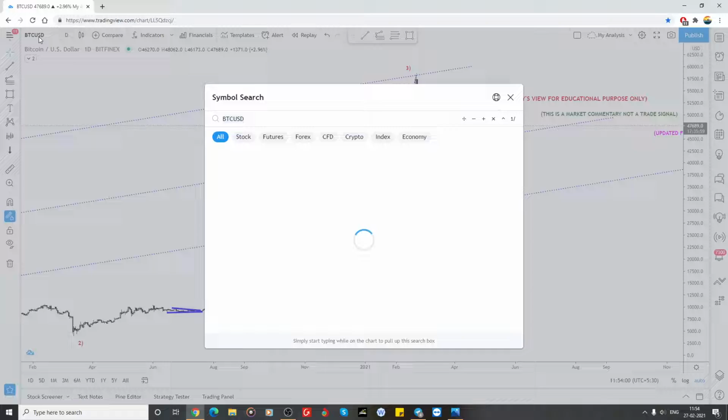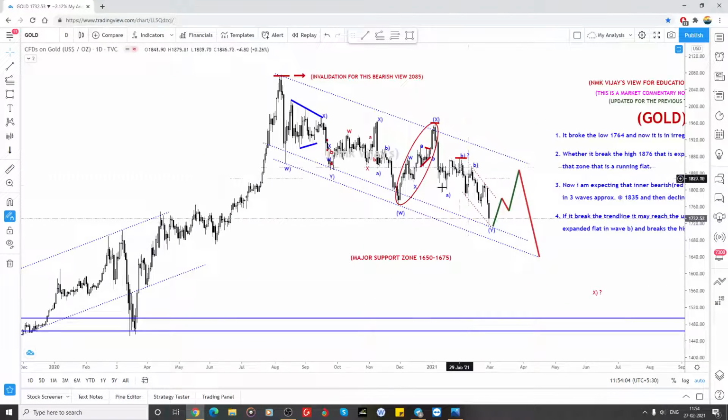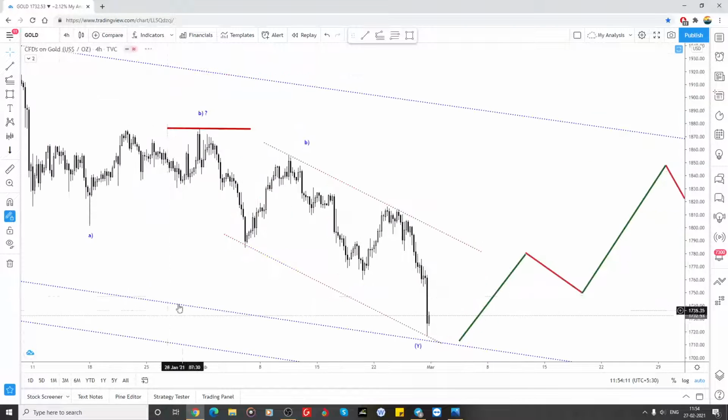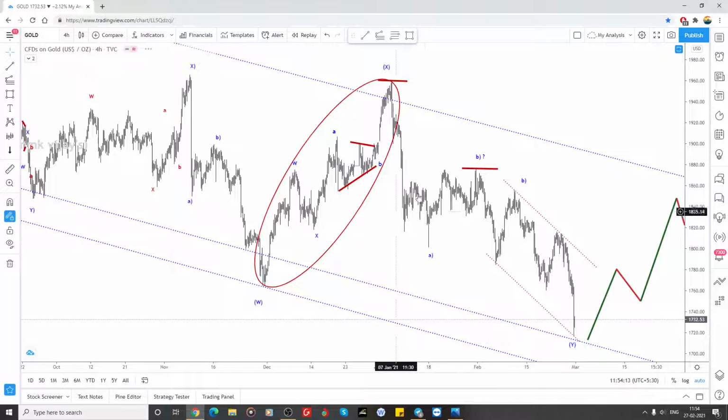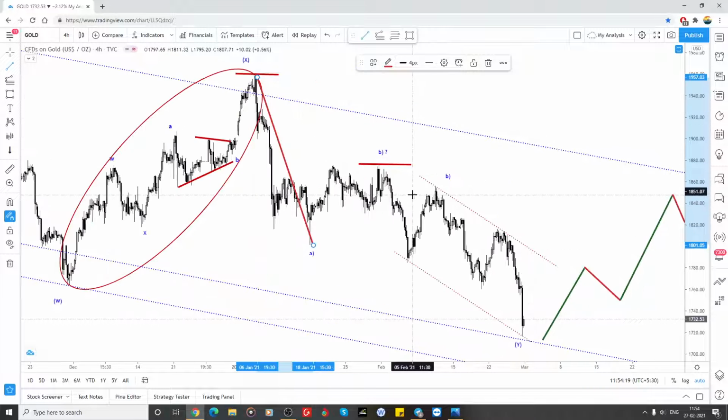So we move on to the gold. So gold, I explained in the 4 hours. So this is a 5-wave structure. I kept this as an A. After that, the 3-wave structure is a B. What I thought here, it's not looking like there is a correction again.